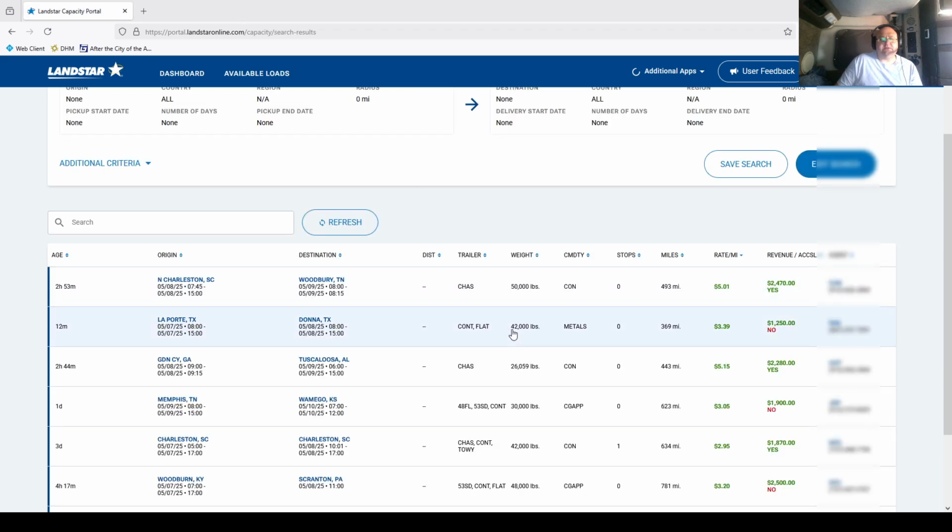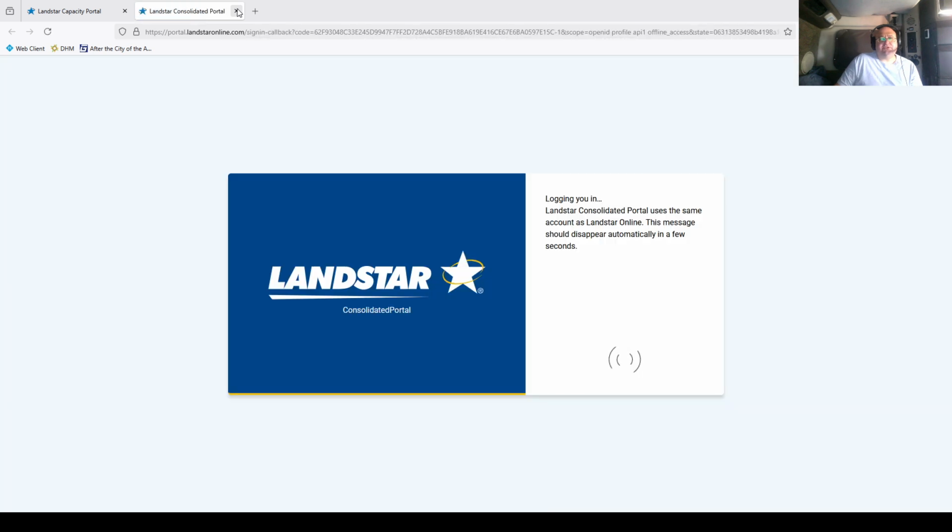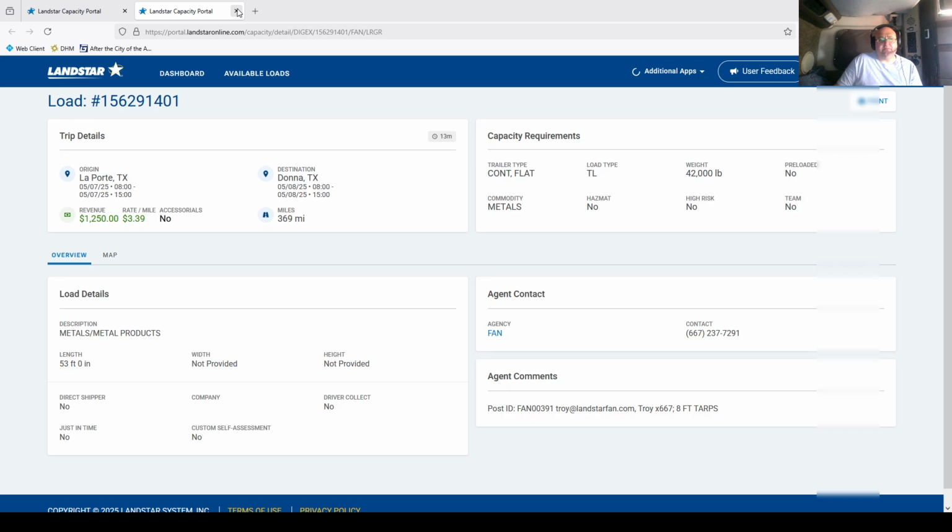Not enough details. Container or flatbed. This tells me I don't even need to drill into this one. This one tells me that you do not need to bring your own container because it can be hauled on a flatbed as well. So this is a container. So you either need a chassis or a flatbed to haul it, most likely.